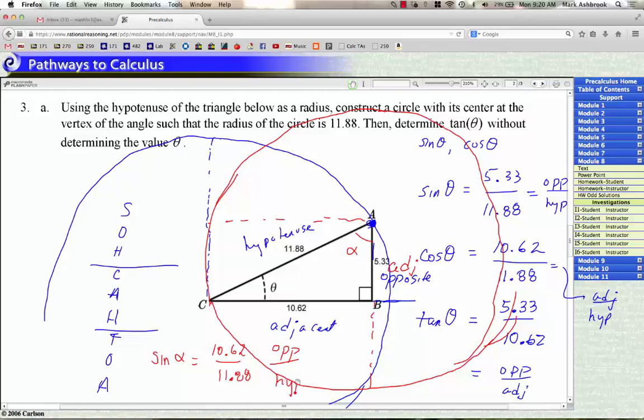Do you see that? Because now 10.62 is the opposite side to alpha, and the adjacent side to alpha is 5.33. So cosine of alpha is the 5.33 over 11.88.